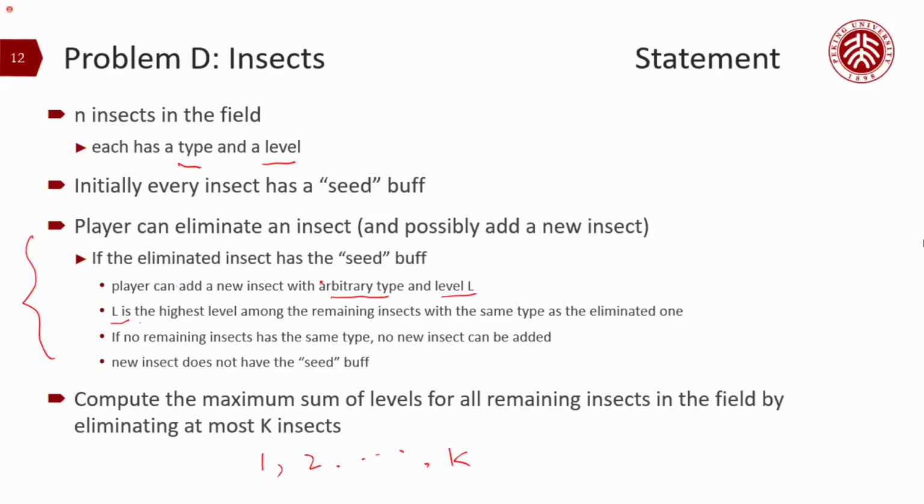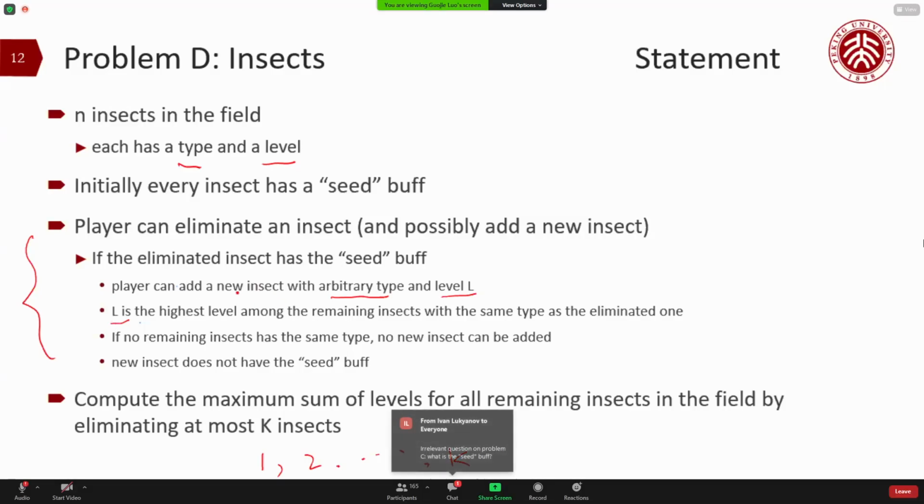Intuitively, we would like to eliminate an insect with a higher level, but not necessarily the maximum level, so that the new insect we add has a higher level and increases the total sum of levels.